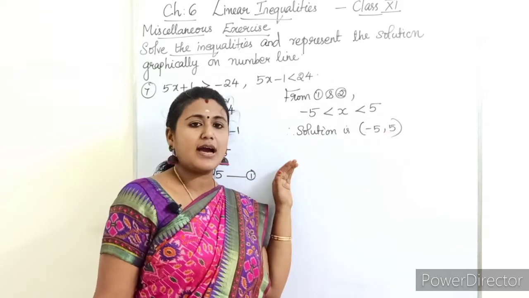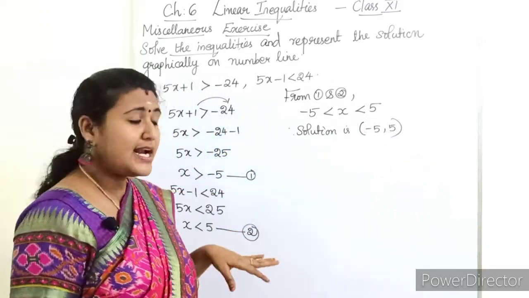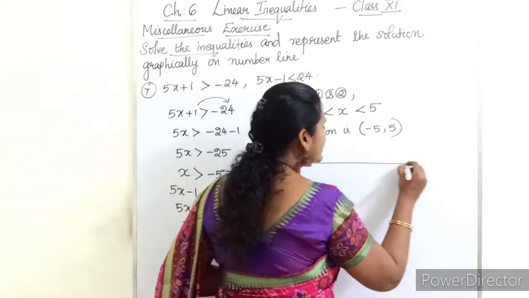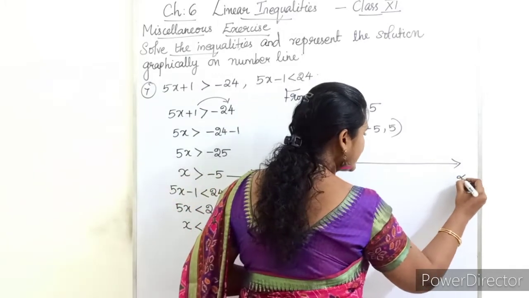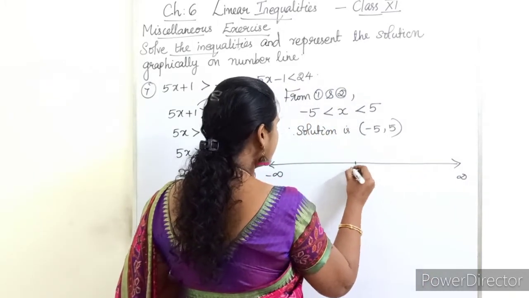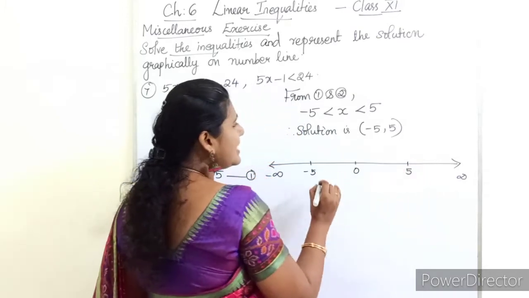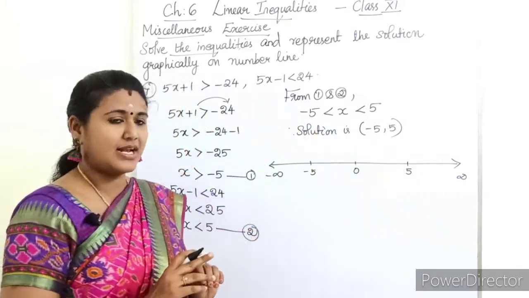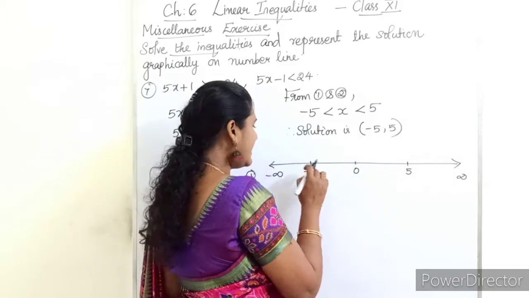This interval we have to represent on a number line. We have already studied how to represent intervals on a number line. So here we will mark minus infinity, plus infinity. Here we will have 0, here minus 5 and this is plus 5. This is an open interval, which means these endpoints will not be included in the interval.